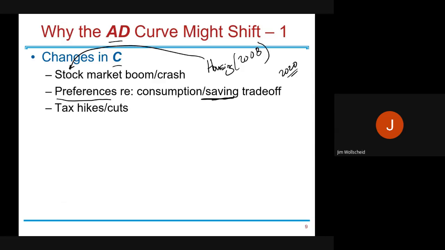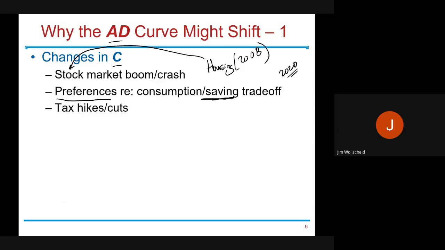So what happened is, either because people were worried or because they were locked in their houses, either way, not so much here in Arkansas, but in other states, we saw this huge influx of savings. A lot of individuals, especially those who did not lose jobs, saw their savings increase.